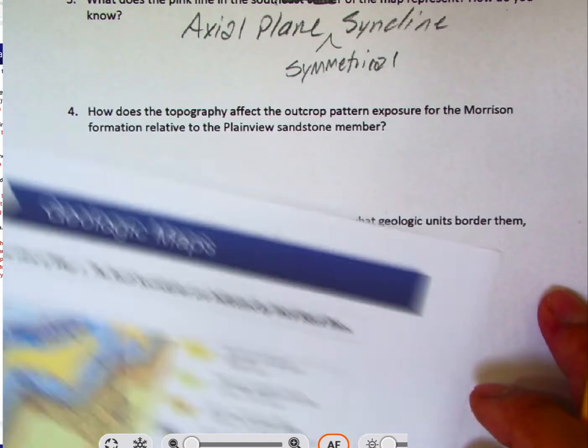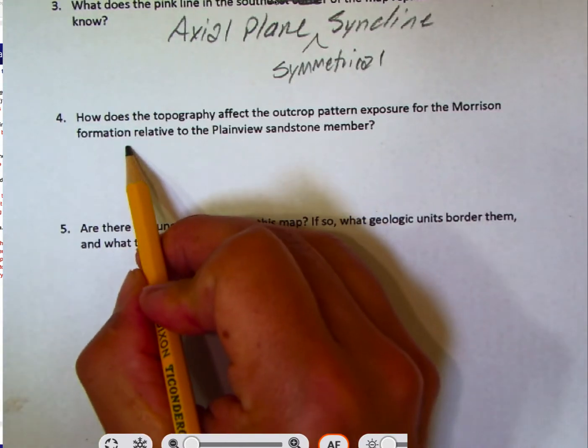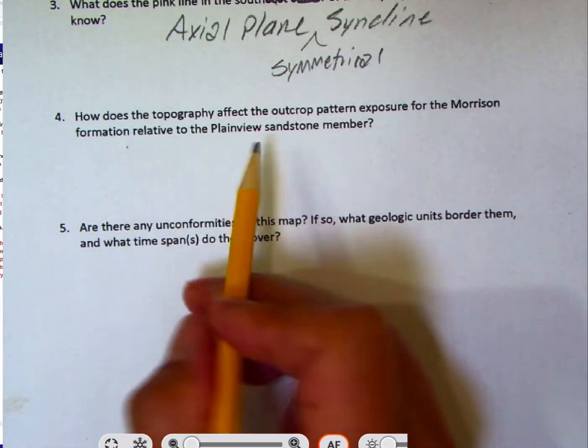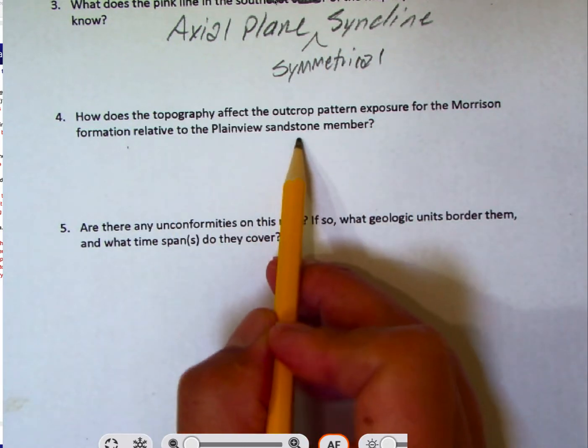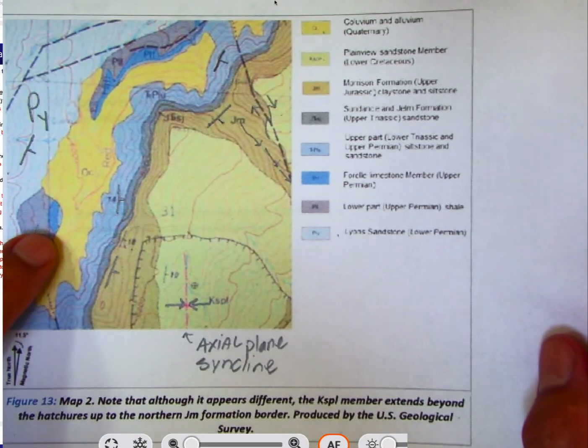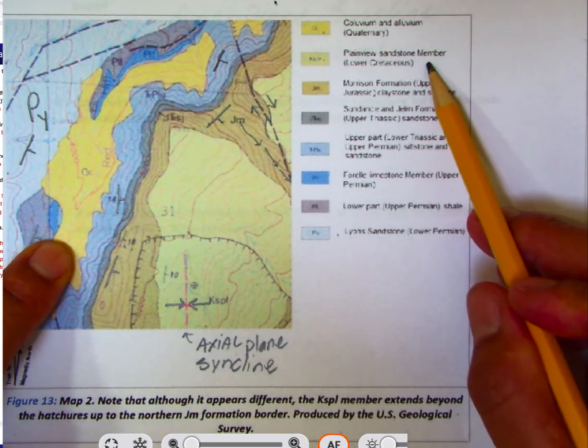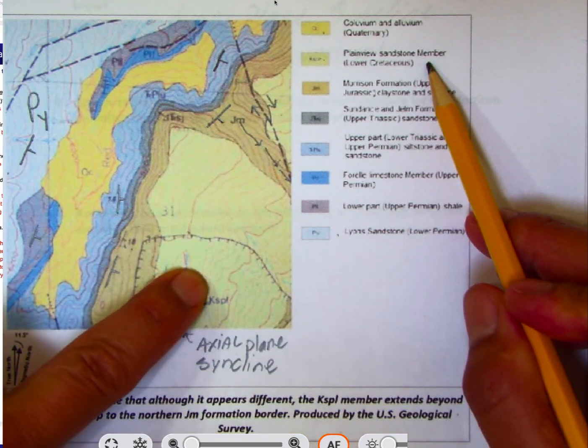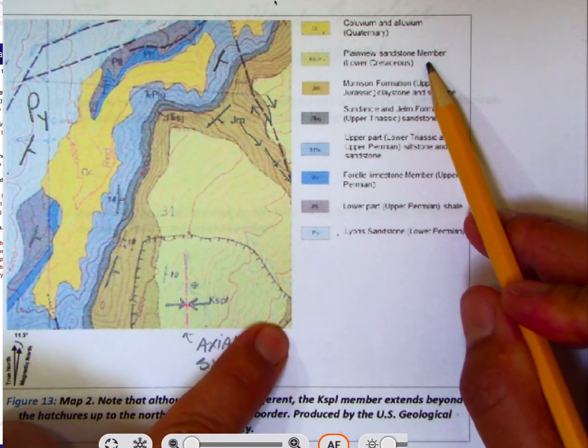the dip. So let's say here is the Morrison relative to the Plainview sandstone member. So let's look at the Plainview sandstone member. So Plainview sandstone member would be this unit here, right? Oh, yeah, and I can see that this would be that syncline in here.